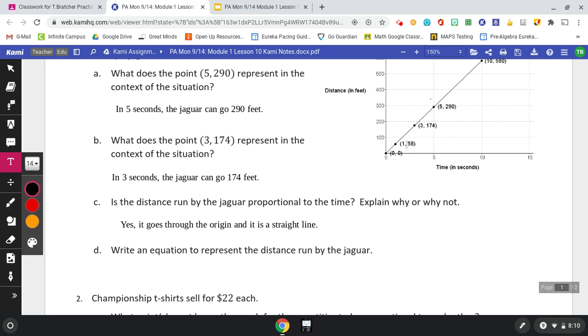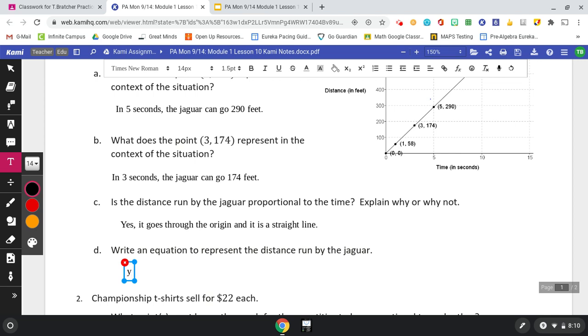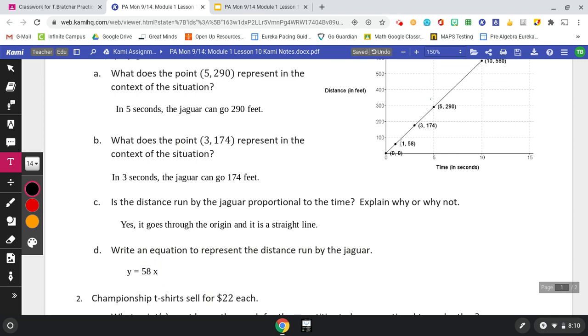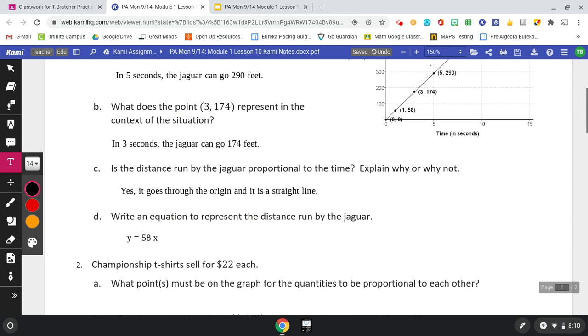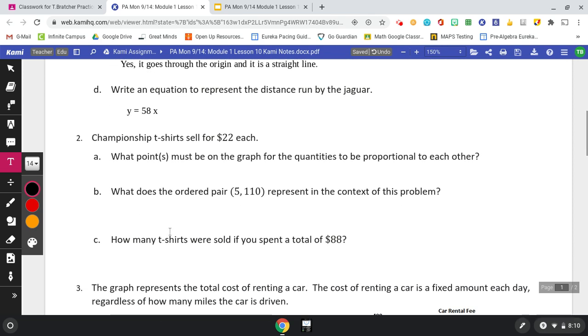So you know the constant of this entire graph and this proportion is 58. So instead of y equals kx, it should be y equals 58x. Again, where the x value is 1, which should be down here further on the graph, is where your constant is and where you can figure out that number. All right, so at this time, I want you to do number 2.